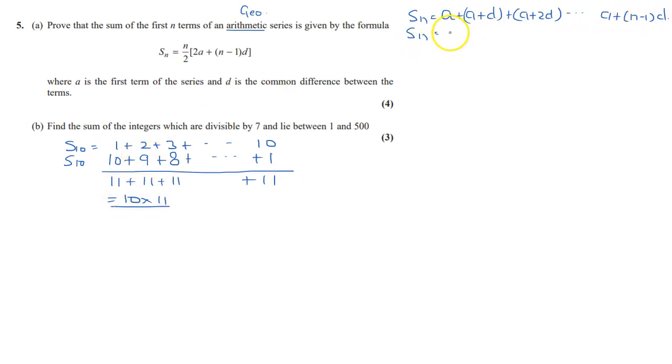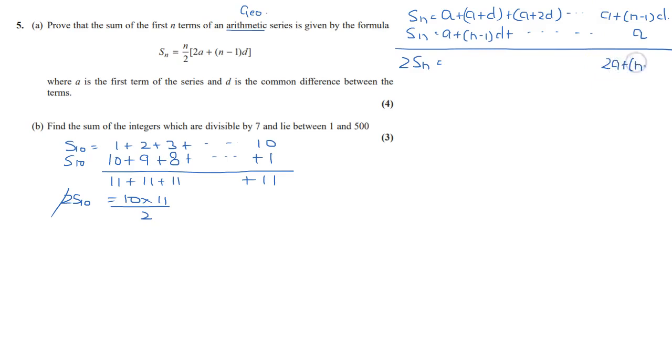Now I am going to write it in this way: a plus (n minus 1)d, reversed, plus the original. If I add it, this is 2Sn, sorry, just like 2S10, so this will be divided by 2 here. So 2Sn: a plus a is 2a plus (n minus 1)d, and you will find all the terms are the same.